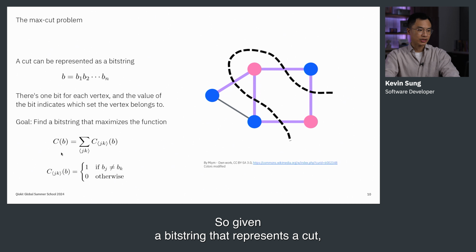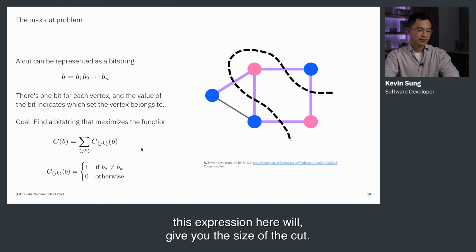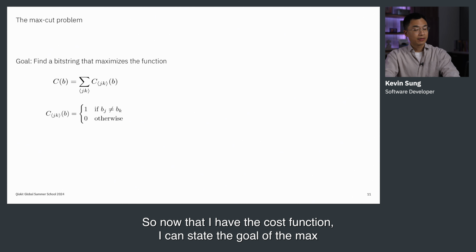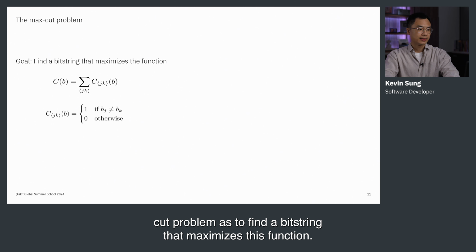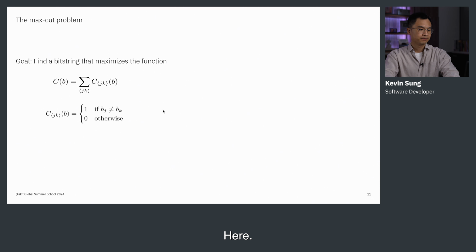So given a bit string that represents a cut, this expression will give you the size of the cut. Now that I have the cost function, I can state the goal of the max cut problem as to find a bit string that maximizes this function.